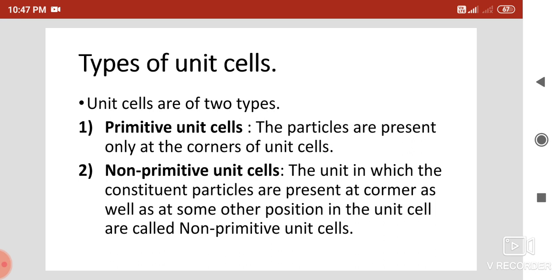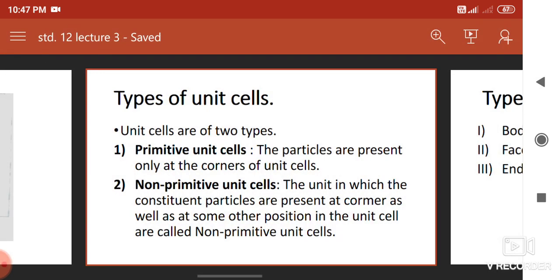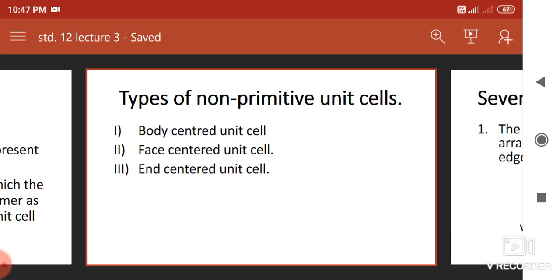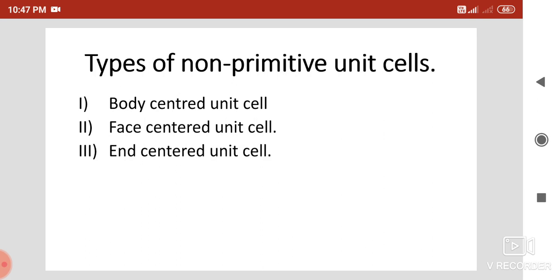These non-primitive unit cells are further classified into three types: body centered unit cell, face centered unit cell, and end centered unit cell.